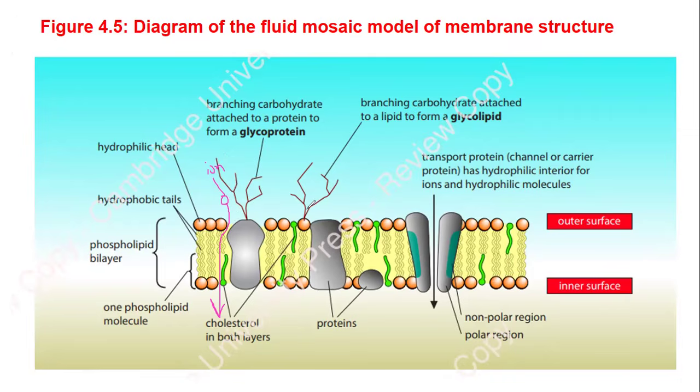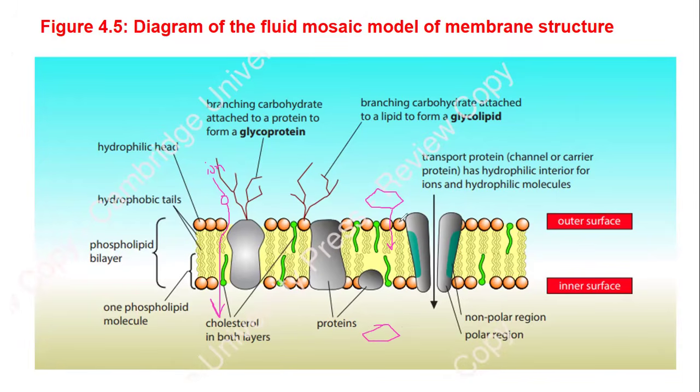Or if I have other molecules that are soluble in water, such as glucose, glucose can also not cross the cell surface membrane. Why? Because it is also polar. So one of the uses of the phospholipids, because of the tails that they have, is that they act as a barrier against entry or exit of polar molecules.